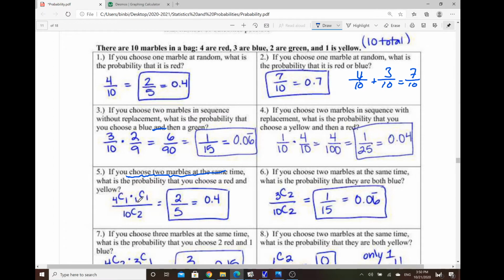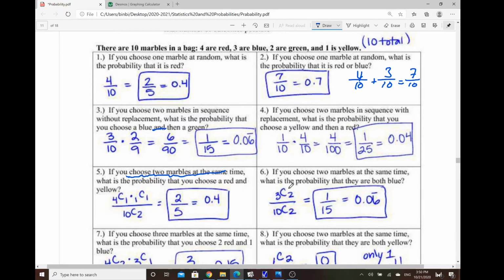There's only one yellow marble, so 1 choose 1. Multiply it out, expand the combinations, so 2 over 45. Anytime I see two things happen at the same time, or you have to do it with all those events together, that's always considered conditional probability.